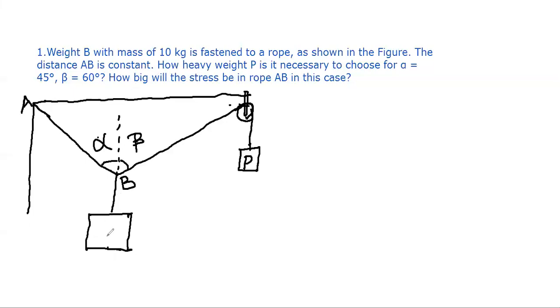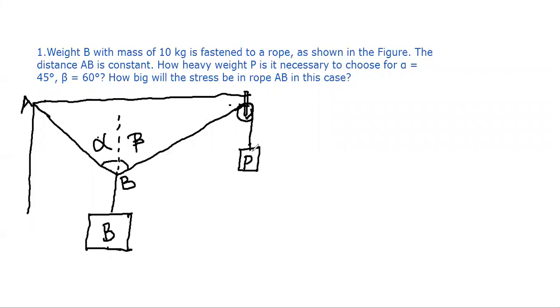So here, this is the weight B. It has 10 kilogram. The distance AB is constant, that is AB. This distance is constant. How heavy weight P is it necessary to choose for alpha equal to 45 degree, beta equal to 65 degree?